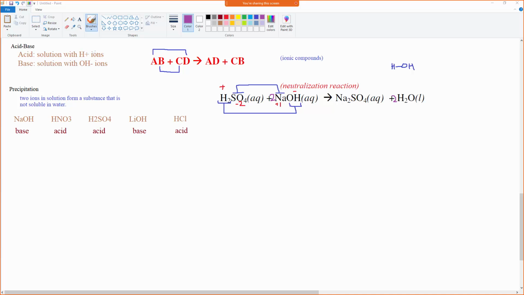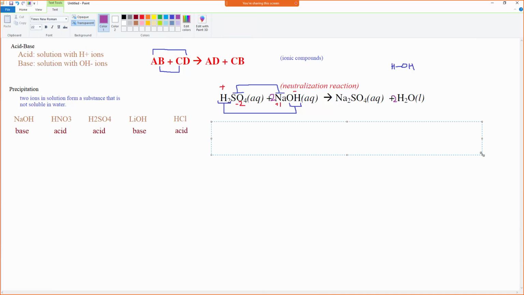Good. And we can write these out as complete ionic equations exactly the same way that we did before. So we can say, all right, we have the H plus ion, which is aqueous, and I've got the sulfate SO4 2 minus ion, which is aqueous, and I've got the sodium plus ion, which is aqueous, and I've got the hydroxide ion, which is aqueous.